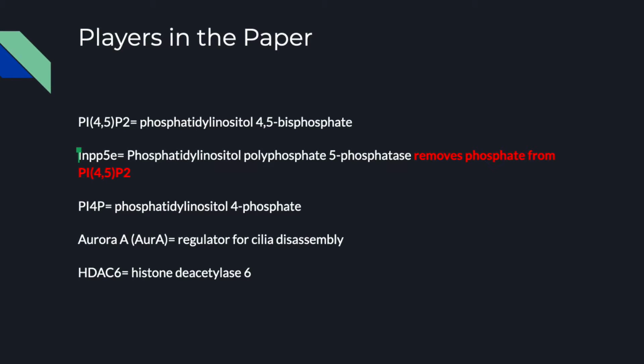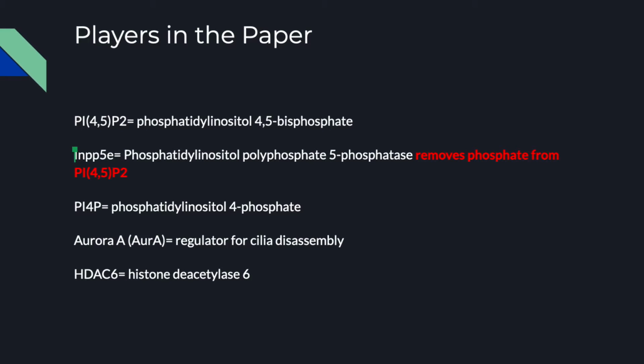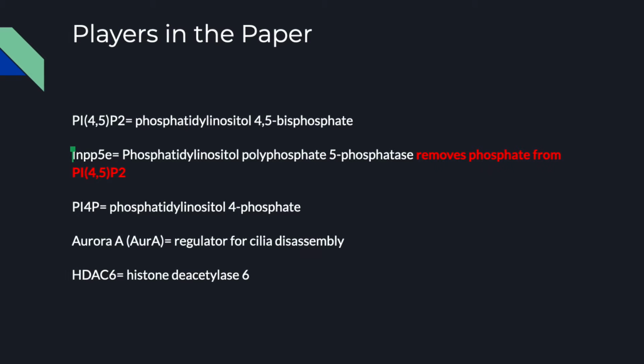Loss of function of cilia-enriched INPP5E has been shown in previous studies to accelerate cilia disassembly and replenish phosphatidylinositol 4,5-bisphosphate, associating phosphoinositides to primary cilia stability.